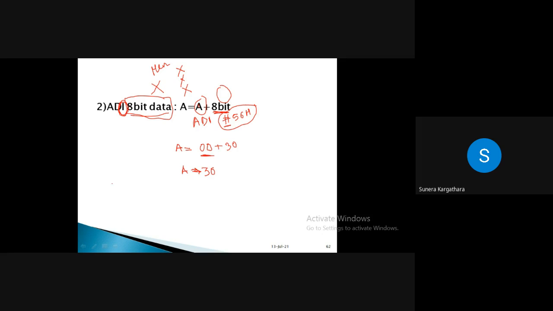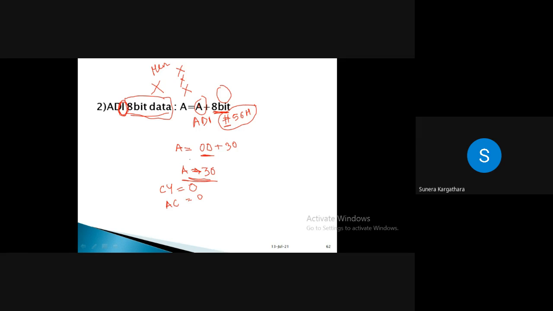Okay, what about flags, Janvi? If carry is generated, then carry. No, I'm specifically asking about this result. Carry is generated or not? Carry is not generated, so it is 0. What about auxiliary carry? Maybe 0, not sure. That is also 0. Why?